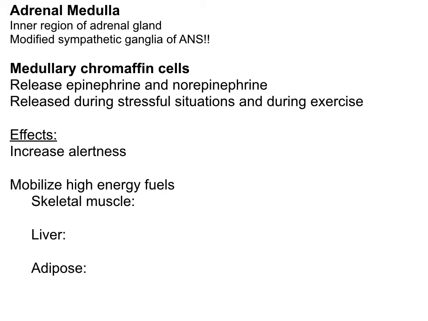So if you think fight and flight, the things that are highly active are your skeletal muscles, your cardiac muscle, and your nervous system. And these three effects provide the fuel to these particular organs to make ATP.